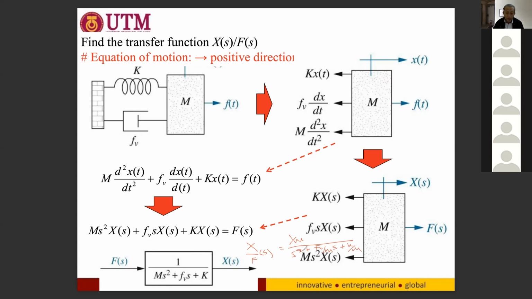This system is known as a second order system because the highest order of the denominator of the transfer function is 2.